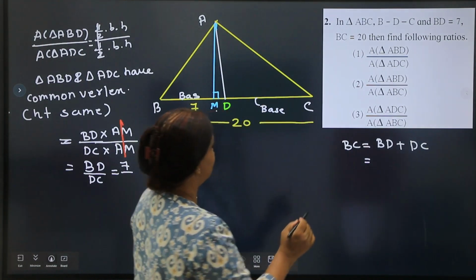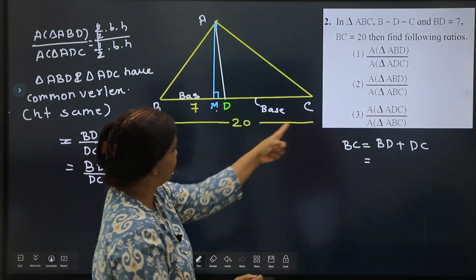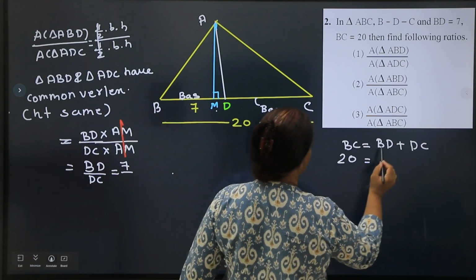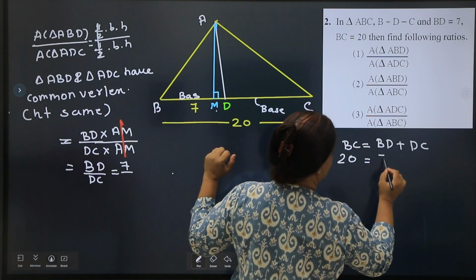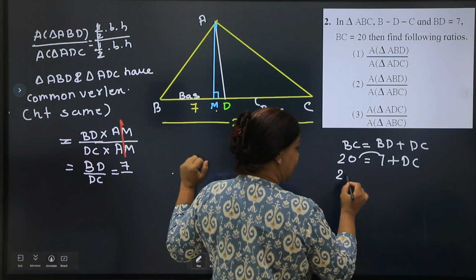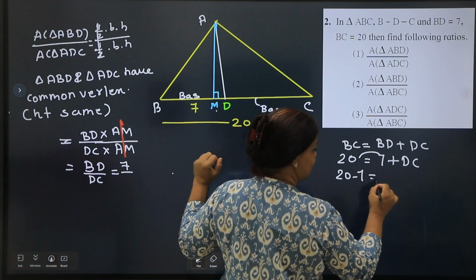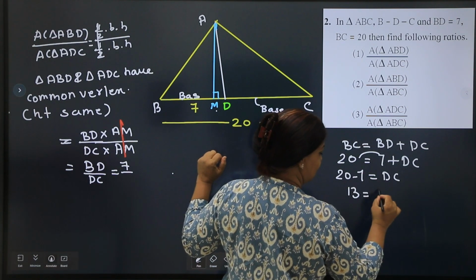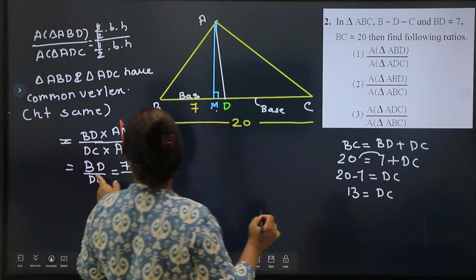And how much is BC? BC is 20, children. You can see in the figure. So 20 is equal to BD 7 plus DC. Now this 7 will come here. 20 minus 7 is equal to DC. 20 minus 7 is 13. We got DC as 13.